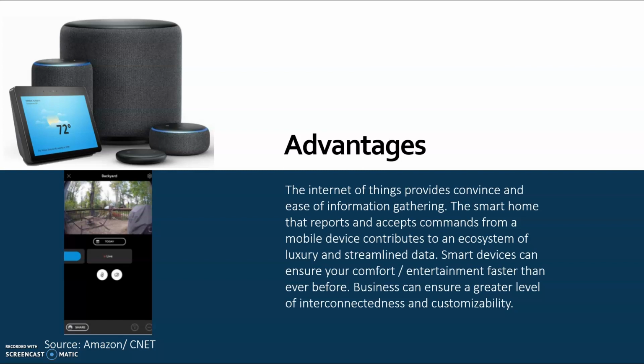Smart homes report and accept commands from a mobile device, which contributes to the ecosystem and luxury of streamlined data. Smart devices can ensure comfort and entertainment faster than ever before. And businesses can ensure a greater level of interconnectedness and customizability. So instead of having the thermostat controlled by your boss, you might be able to control that within a group setting and just make it easier and overall more connected.